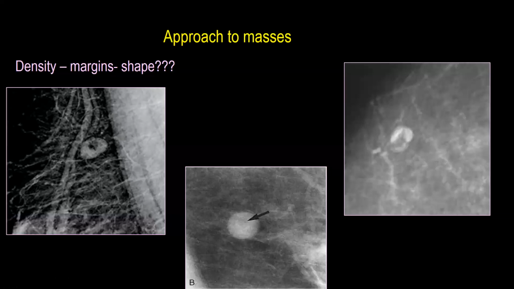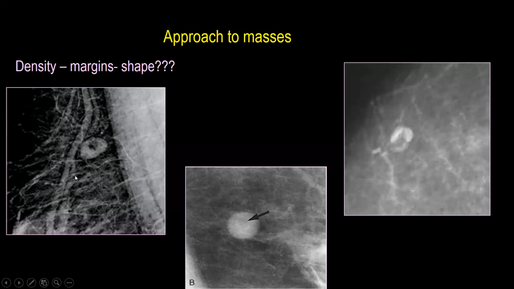The margin is? Margin circumscribed. Circumscribed, excellent. And the density, we say mixed density. If it is fat containing, we will not say high or low. If it is mixed density, then we take it as fat containing lesions. And the shape, oval.